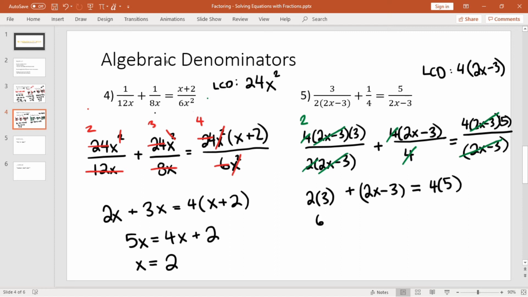So 6 plus 2x minus 3 equals 20. Okay, so 3, move it over to the other side. And x equals 17 over 2.